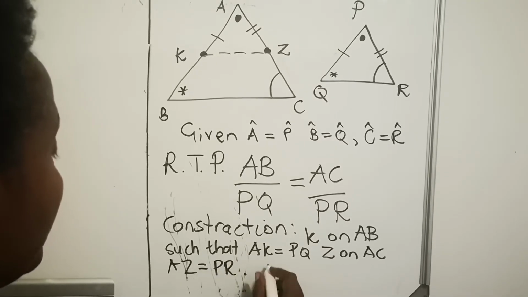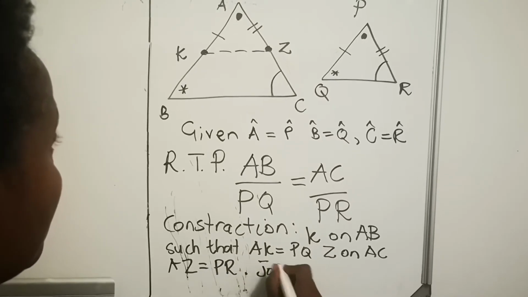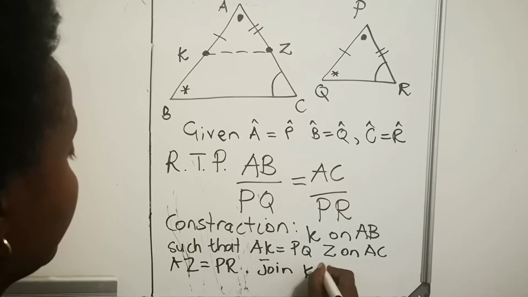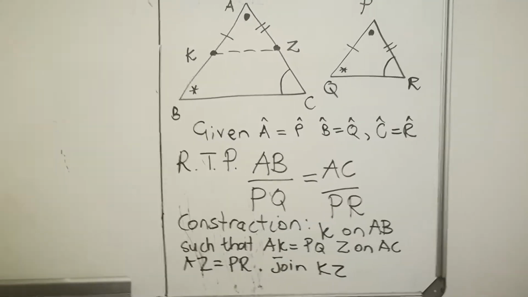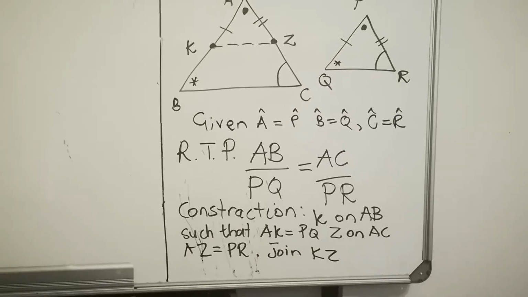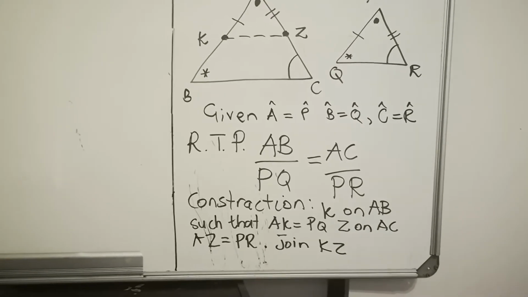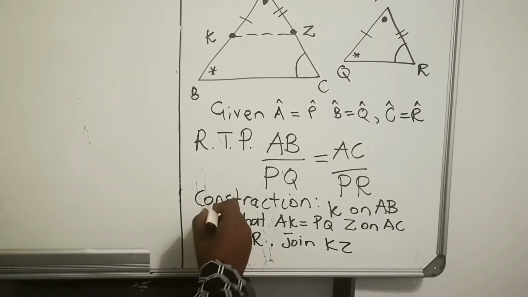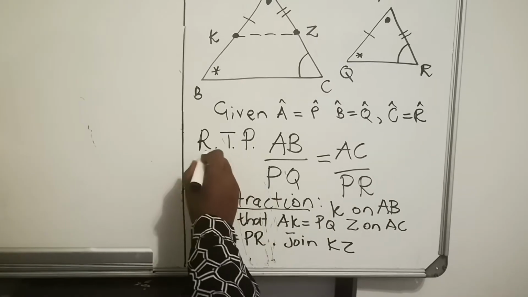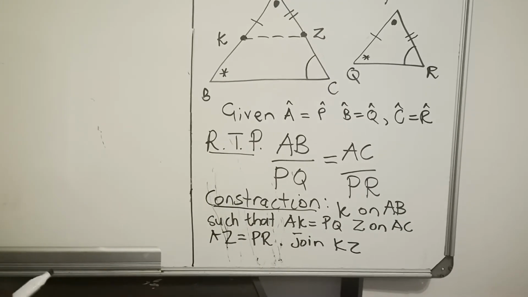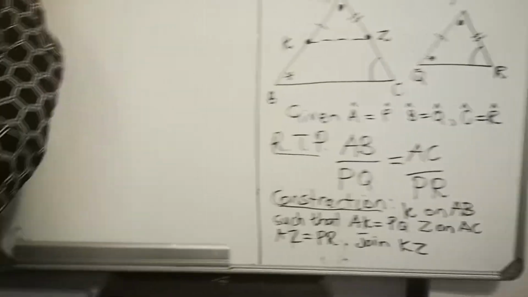And then what did we do? We also join KZ. You need to get this part correct. When your construction is wrong, you get no marks. When you don't have a construction, you get no marks. Now with this construction, we can do our proof.